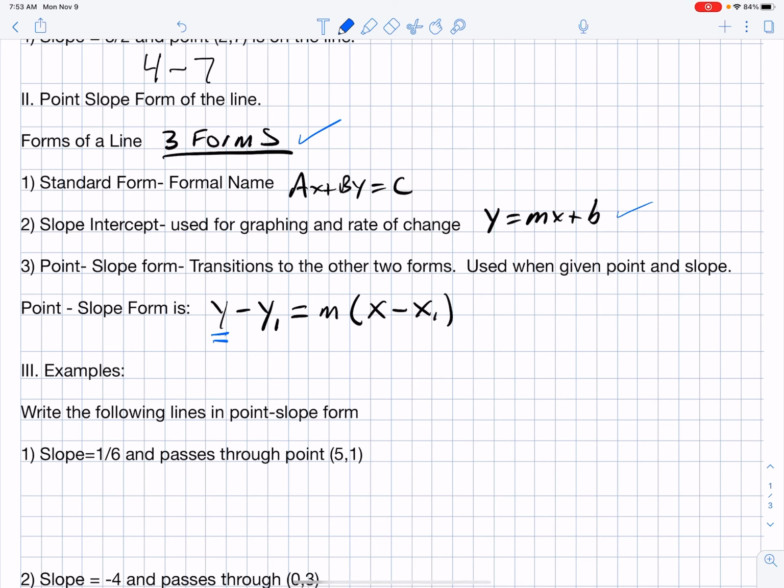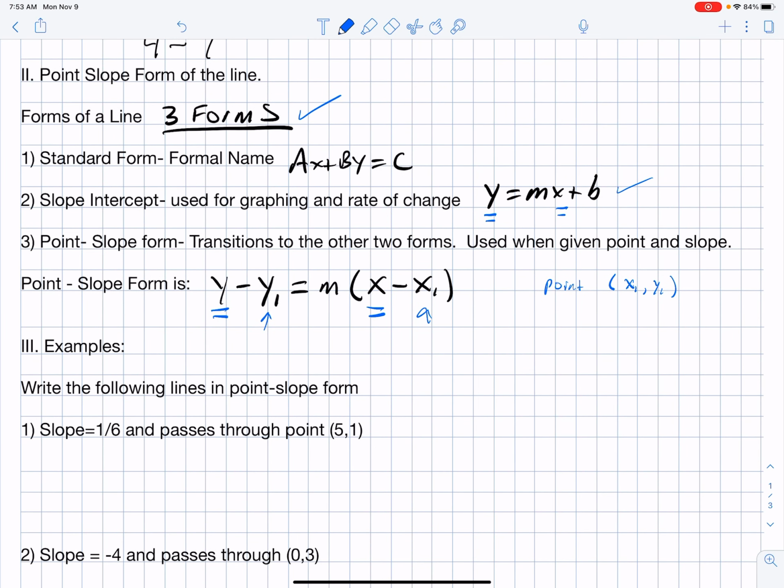This y right here and this x right here, we never fill in for. That's the same as this y and this x here. But this y and this x, that's our point. That's going to be a point that we're given on a line, x1, y1. So those will be actual values, okay?